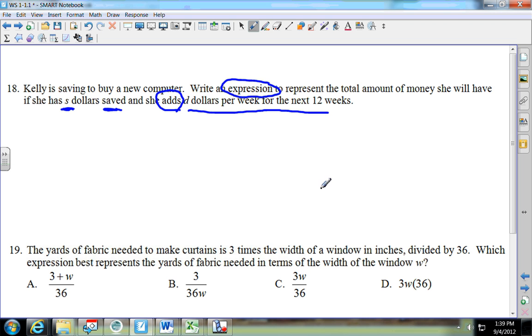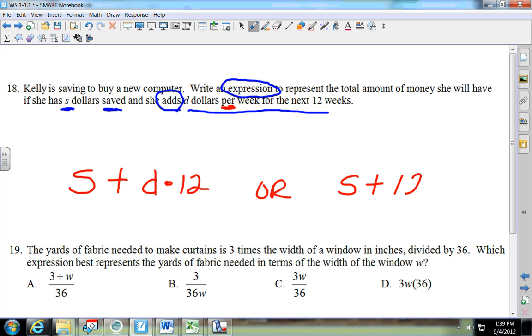Well, first off, she has S dollars saved and she adds D dollars per week. Per means to multiply. So D times per week for 12 weeks. You could write it like this, but better would be S plus 12D. Because addition can go back and forth, 12D plus S can be written there as well.